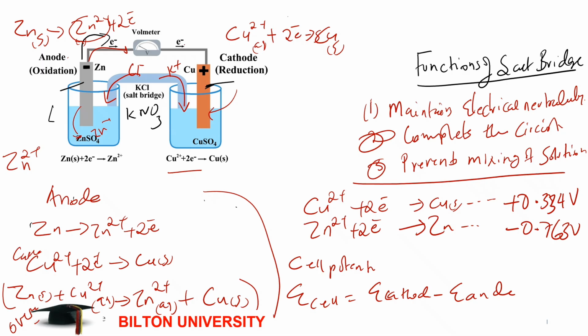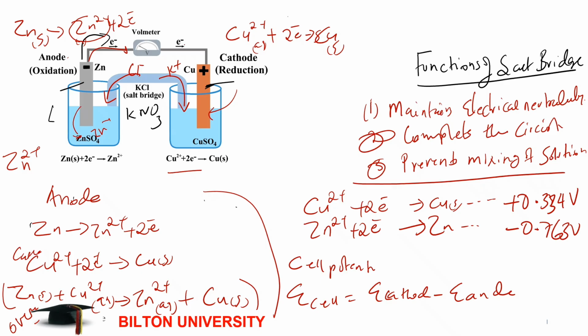It means we need to check which reaction is taking place at the cathode and which one at the anode, and then take the difference between the two to get our E cell. So here comes a tricky part. In the standard electrode potential, all reactions are written as reduction reactions, just like they are on the screen.